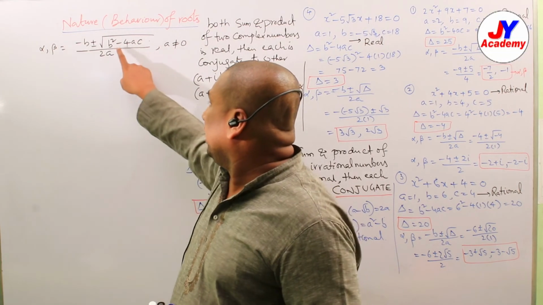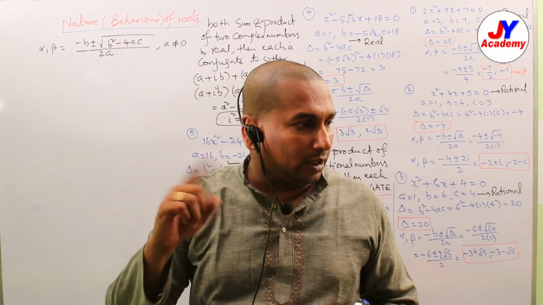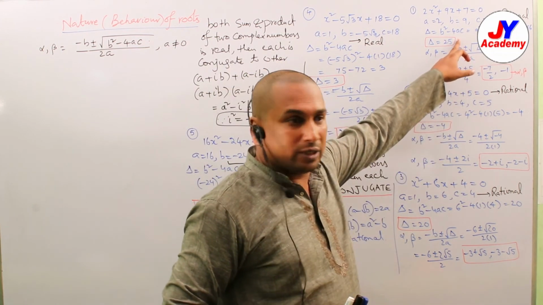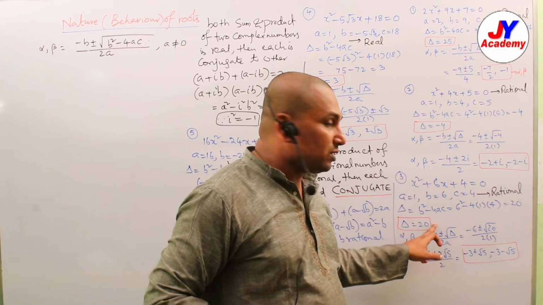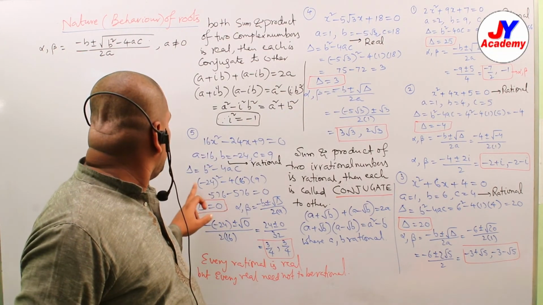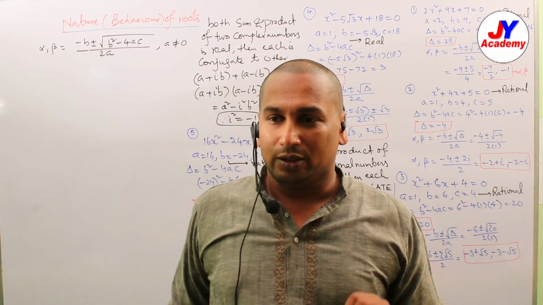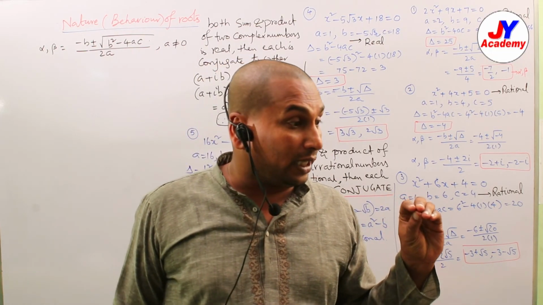Sometimes B square minus 4AC may be positive, sometimes it may be negative. See, if you observe, here B square minus 4AC is positive, here negative, here positive, here positive, here 0. So who will influence the roots? B square minus 4AC.